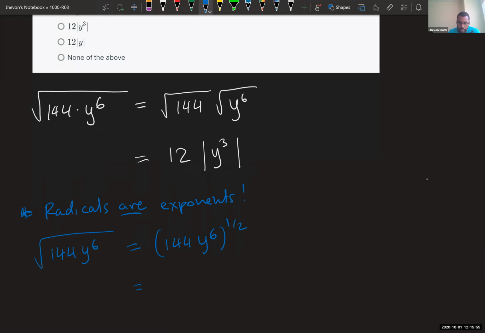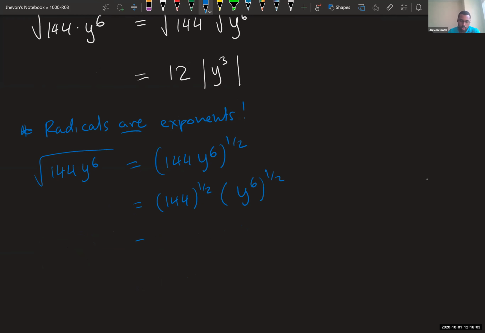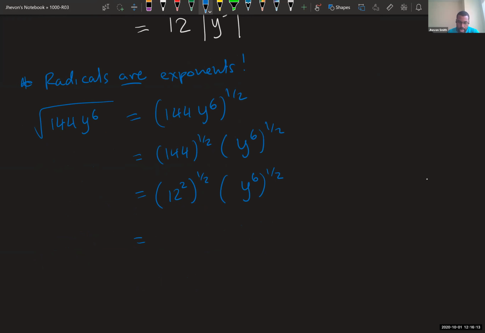So there's a 1/2 power that I can move and put on top of these things, right? Now, of course, how would you actually calculate that? Well, this guy's 12 squared. And so you can take the rule where you multiply the powers. And so that would give you 12 to the 1 times y cubed.